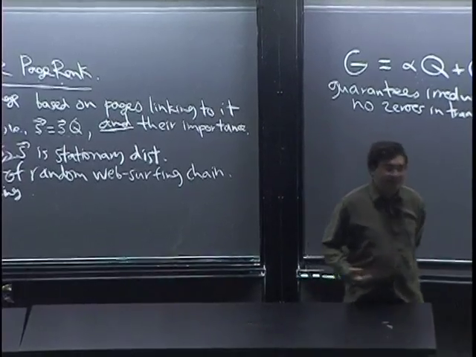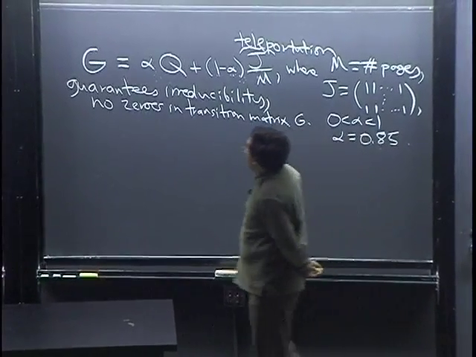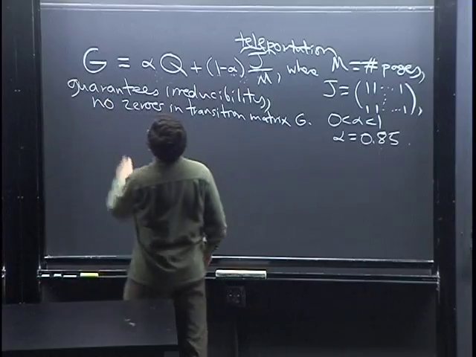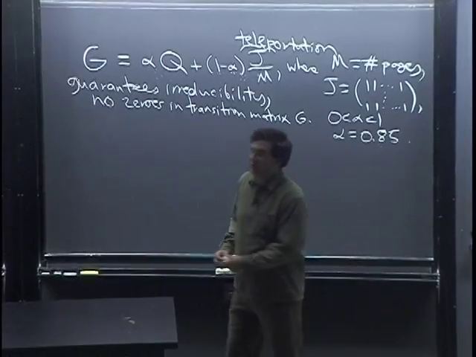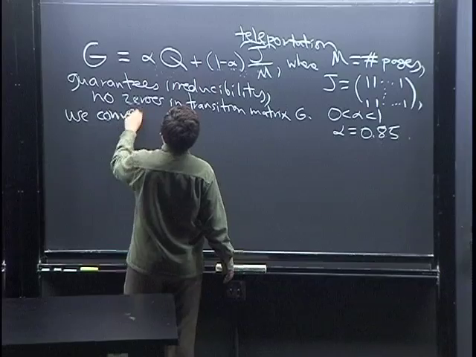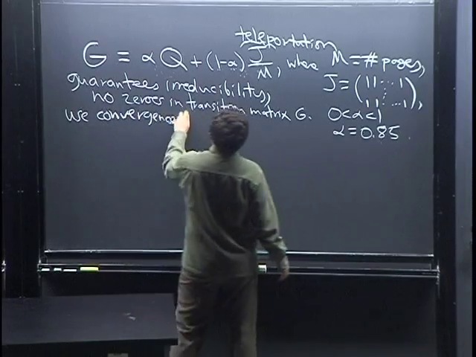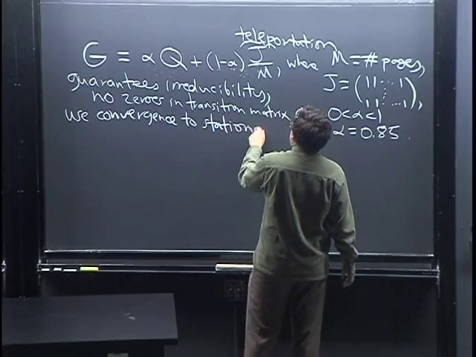It's not so good, right? So the idea for computation is to use the fact that the chain converges to the stationary distribution. So you use convergence to stationarity to actually solve it.